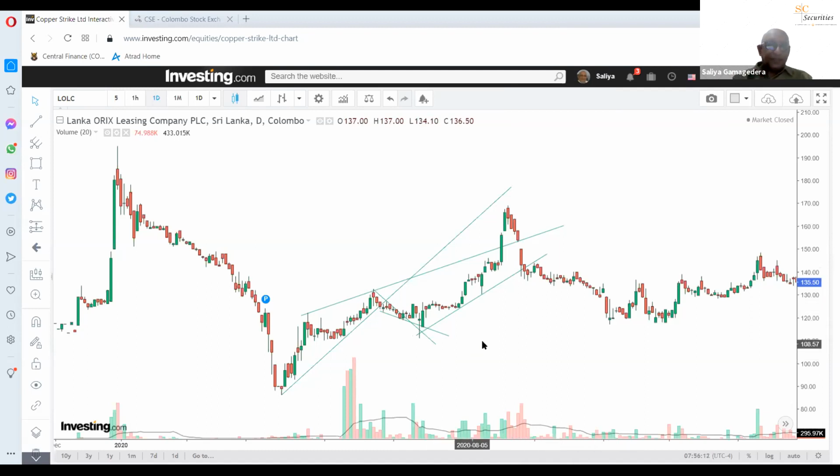So thereafter, from there onwards, we will be using the lows. Now, this is a significant low.